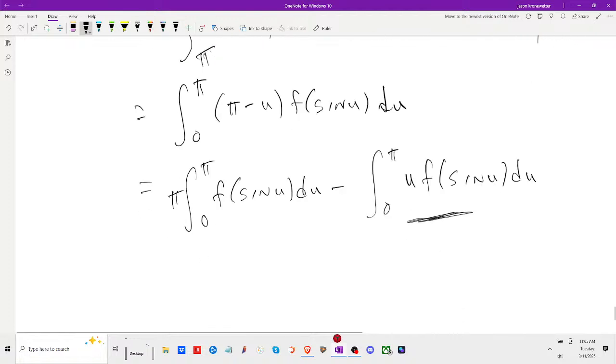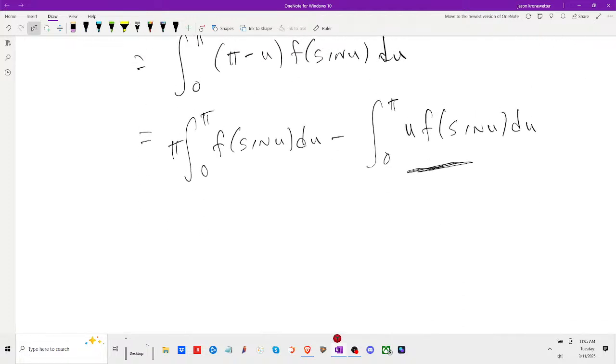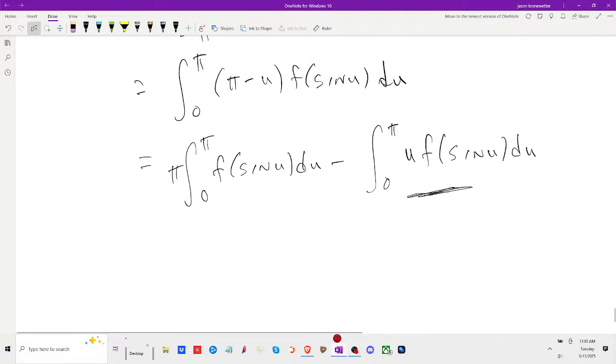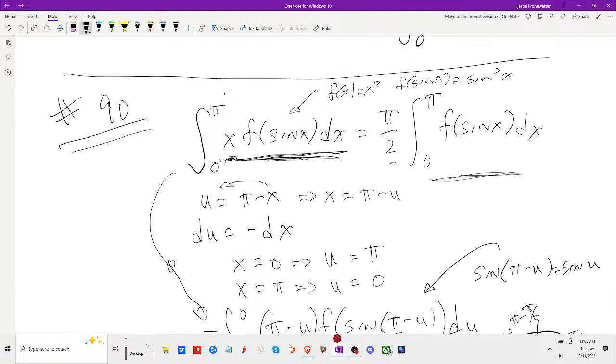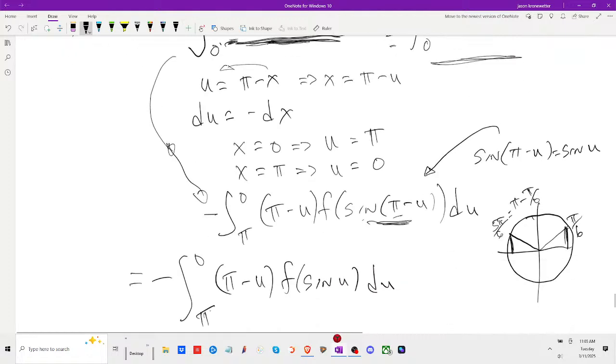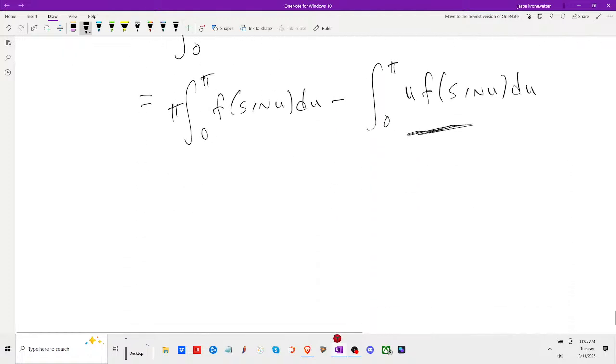Remember, we started off with this one right here, and that's equal to the same thing with u's in it. So here's what I'm going to do. I'm going to rewrite this.